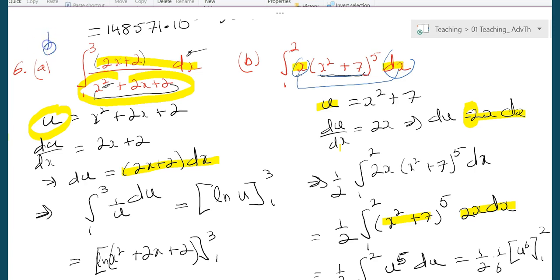In the other problem, recognizing that x^2 + 2x + 2, when differentiated, gives us 2x + 2, which is essentially what the numerator is, so we can make that a valid substitution. I hope that these two problems make clear the logic and the rationale behind integration by substitution.